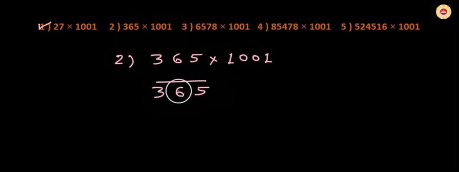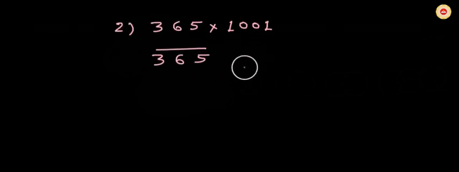There is only one group in the given multiplicand because there are 3 digits in it. As there is one group only, this group will be considered as both the leftmost group and the rightmost group. So let us calculate the answer. How many groups are there? One group. That means n is equal to 1.